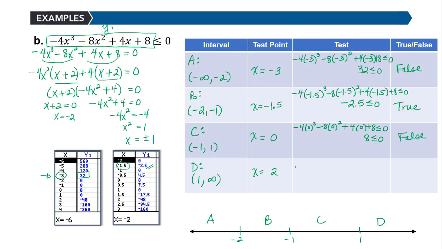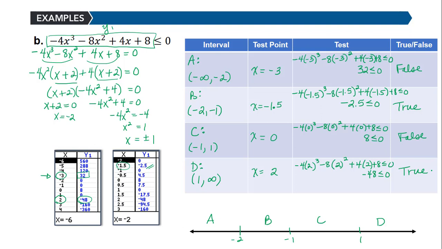And lastly, we'll plug in 2. We get negative 4 times 2 cubed minus 8 times 2 squared plus 4 times 2 plus 8. And we want to see if this is less than or equal to 0. Well, in my table, I can see that when x is 2, the output value is negative 48. So is negative 48 less than or equal to 0? Yes, that is true.